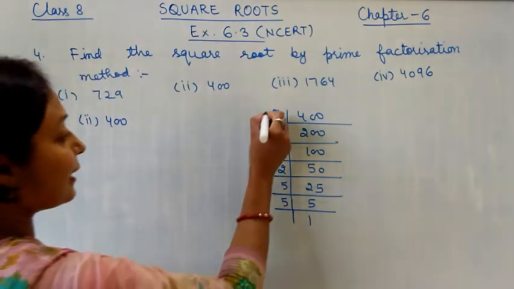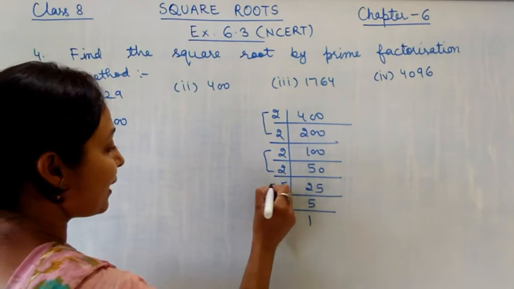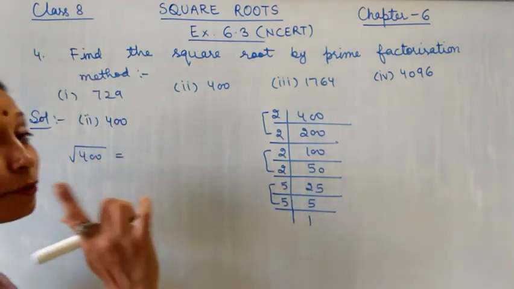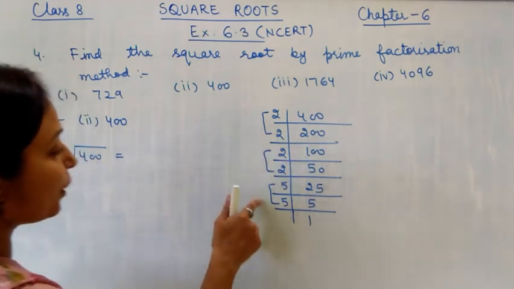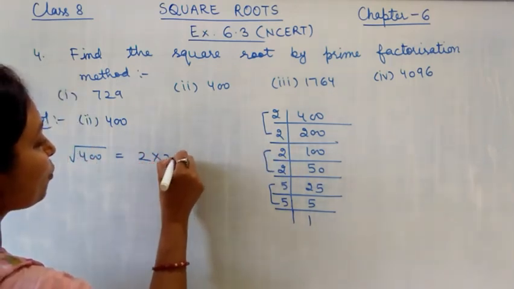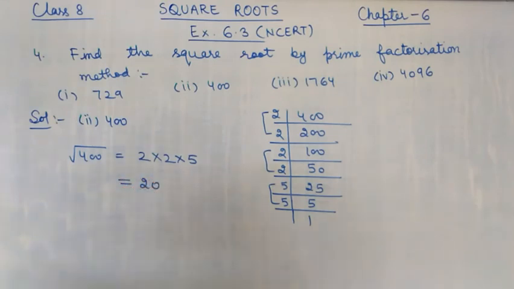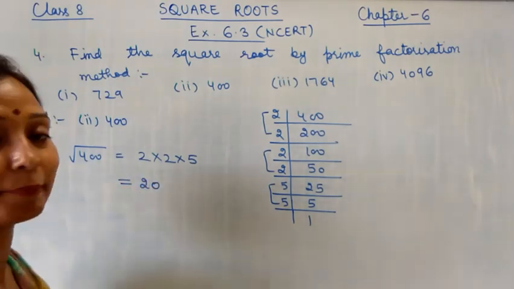Make pairs and take the square root of 400. Take one from each pair: 2 into 2 into 5, 5 2s are 10, 10 2s are 20. So this is the way to find the square root by prime factorization.